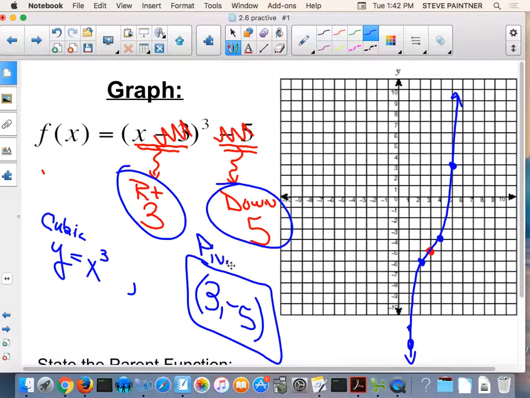It's called a pivot point because it is not a vertex. A vertex is the lowest point on the graph. It's not. We're going to call it the pivotal point, where it kind of makes its little sway right about there. Okay? I'm done. Unless you have a question.